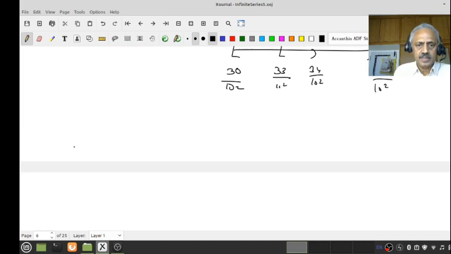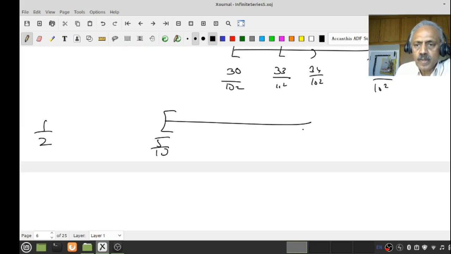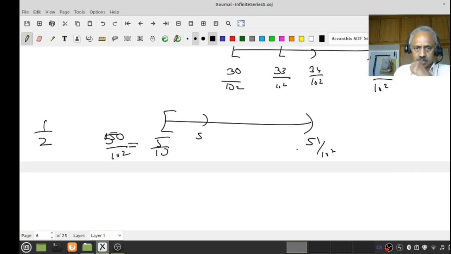Now, let's go back to our half. There I found out it lies in 5 by 10, and that is 50 by 10 squared, and this is 51 by 10 squared. Therefore, this will be 60 by 10 squared, 51 by 10 squared, and so on.